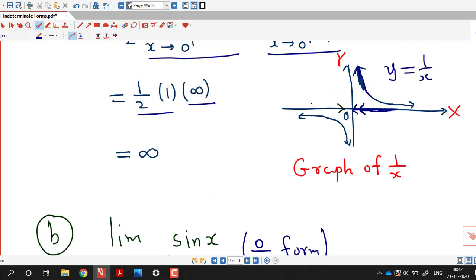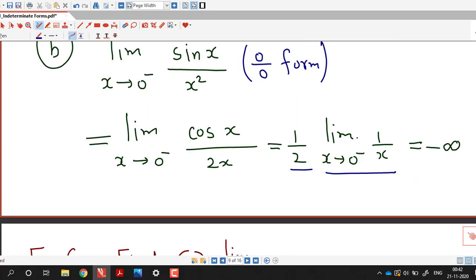So if we approach 0 from left hand side, that is from this side, then we can see as x is approaching 0 from this side, our function is tending to minus infinity. So here we have to write this limit as minus infinity.